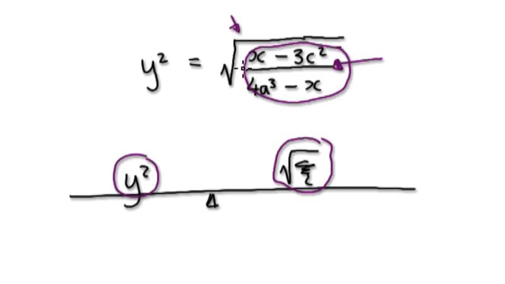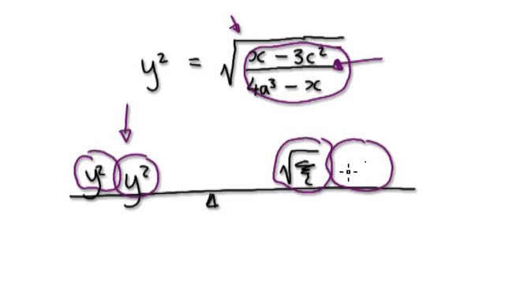To get rid of the square root, we would square both sides. That means get this thing times by itself. So over here it would be y squared, you're timesing it by itself.